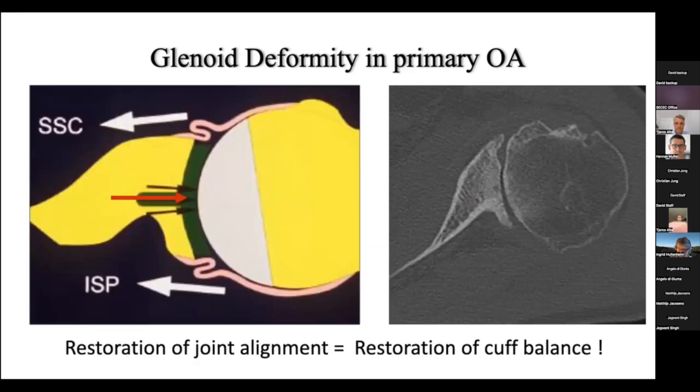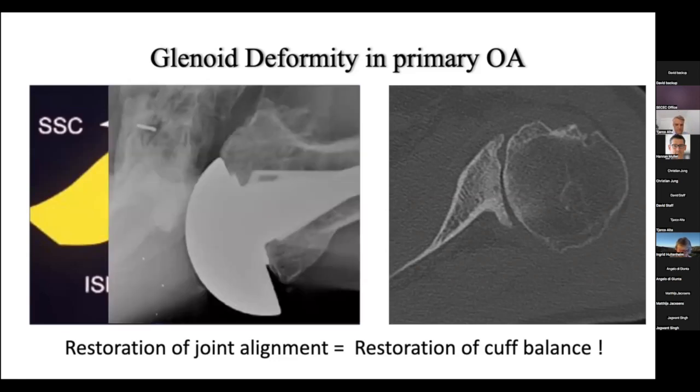In order to restore the joint alignment and to restore the cuff balance, it's important to correct that glenoid deformity. Otherwise, you will end up with a prosthesis that looks like this, where the humeral head is subluxed posteriorly, just as the native humeral head was preoperatively.